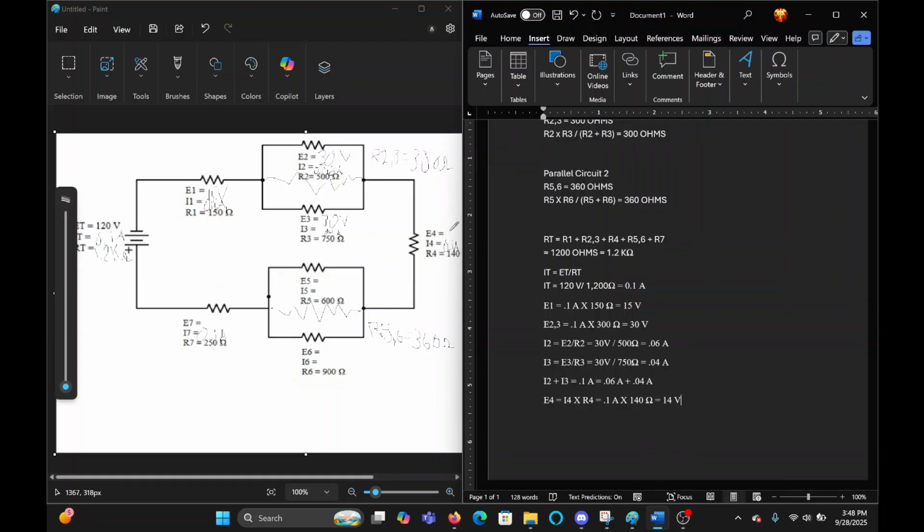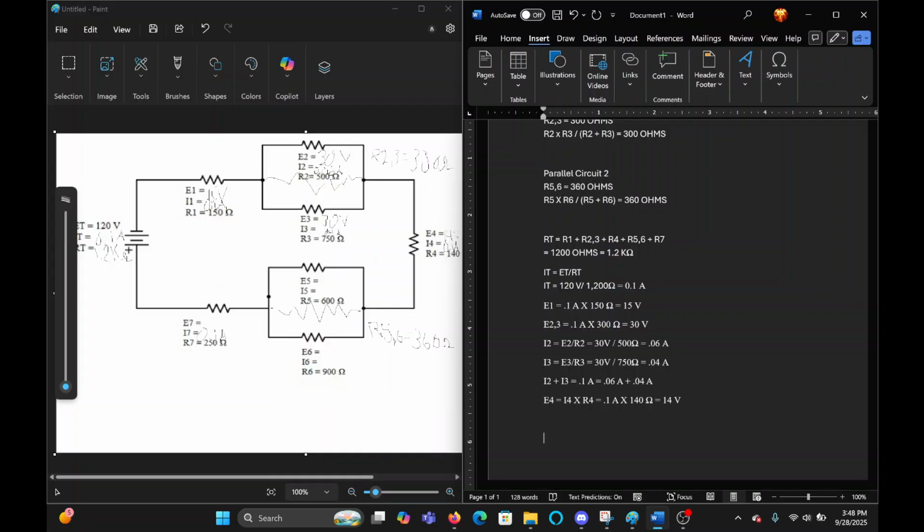So as you can see here, this is 14 volts. And now we're going to move on to this. We're going to look at this as a series circuit again. Let's go ahead and move on.